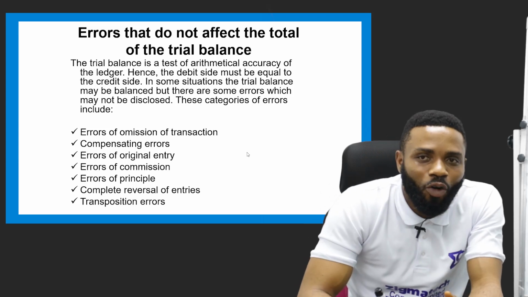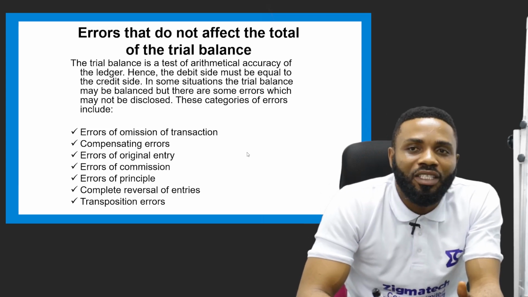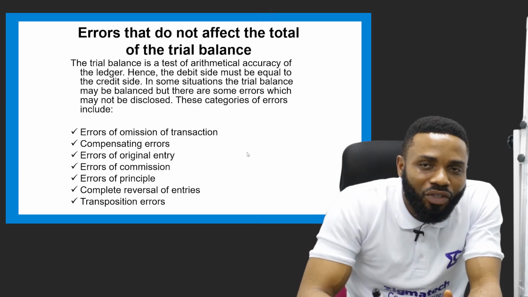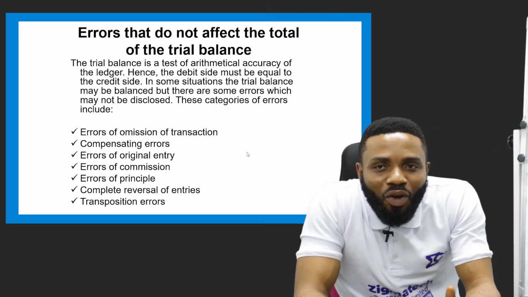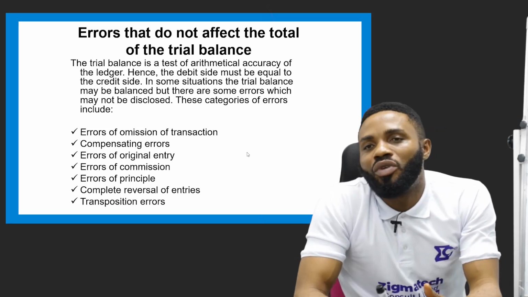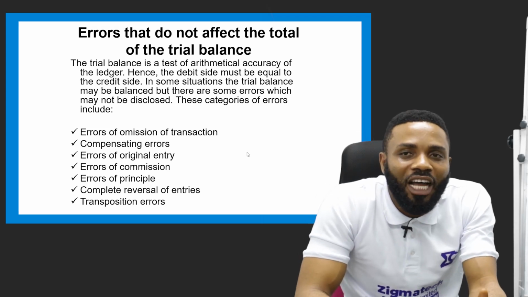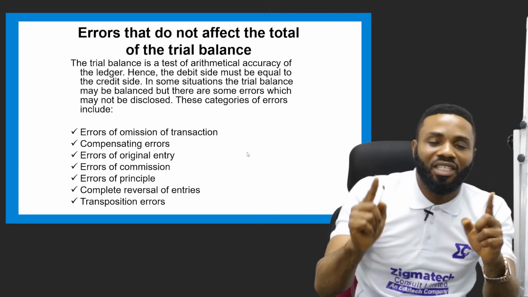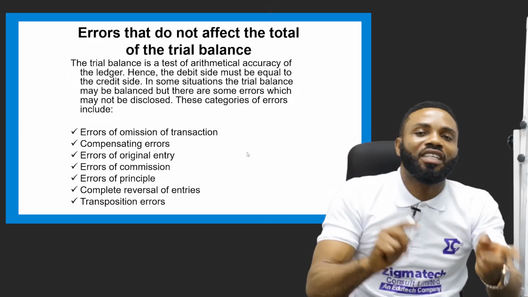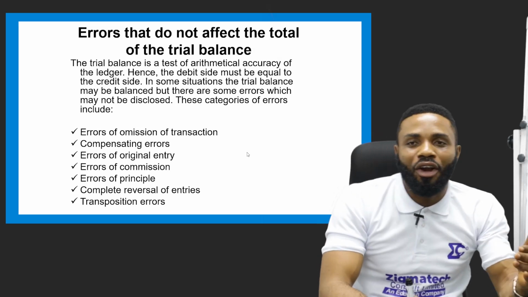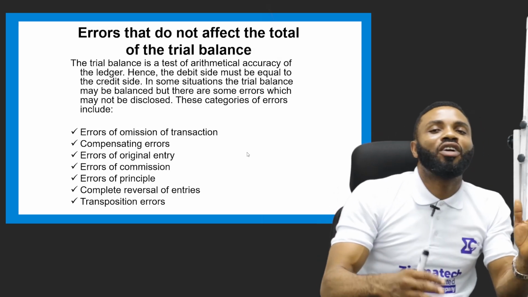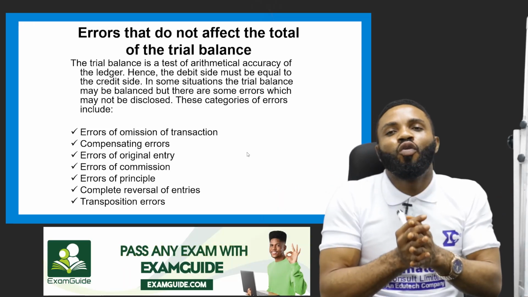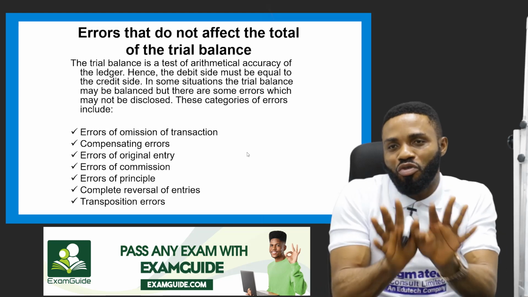If a transaction of 50,000 naira is made, and then the error you are making has the same amount, that 50,000 will cancel 50,000 and it will go. So the error of 50,000 will cancel another error of 50,000 and both of them will just go, especially when it has to do with the opposite side of the account. When the error is made on the debit side and the other error is made on the credit side, they will just compensate themselves and that error will just go silent. Nobody will know about it.